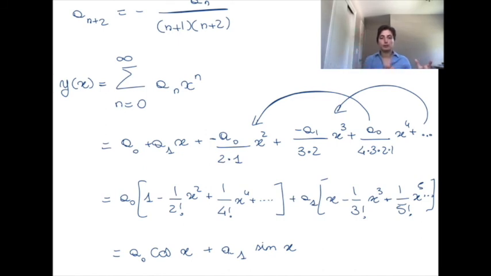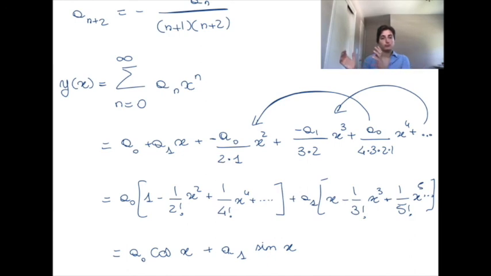The even powers, we see that they all depend on a0. So let's take a0 out of the equation. Then we have 1 minus 1 divided by 2 factorial x squared plus 1 divided by 4 factorial x fourth, and so forth. So each time we switch the sign and we divide by the factorial of that power.